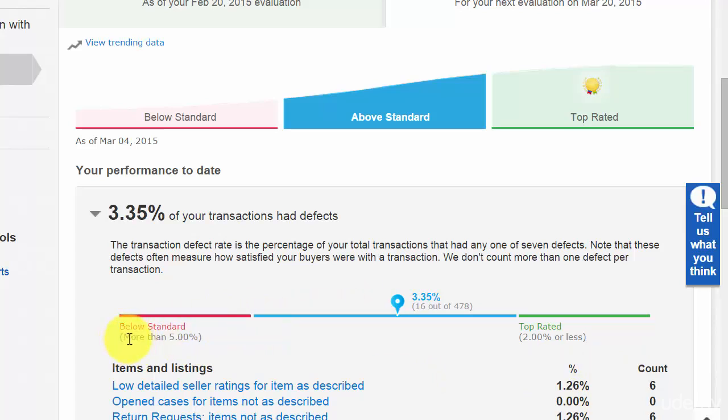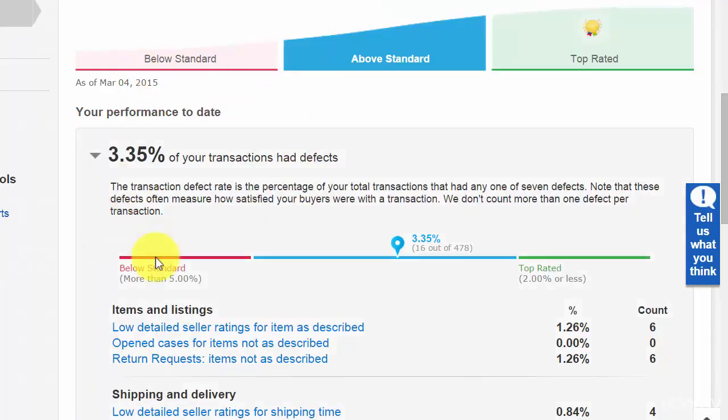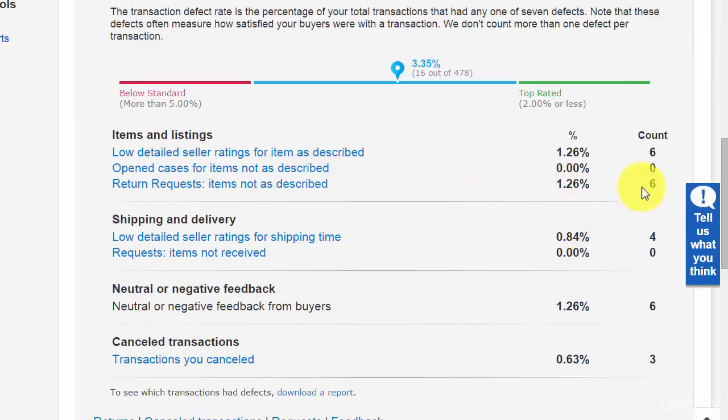If that happens and you fall more than 5%, you fall below standard, and this is a dangerous area to be in. eBay will restrict your account and take away the limit increases they gave you. So you never want to fall below 5%. This is something you want to monitor at least on a weekly basis, because it gives you an idea of what areas you can improve in.